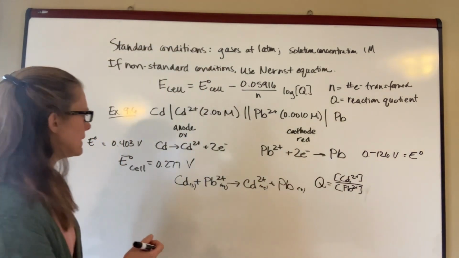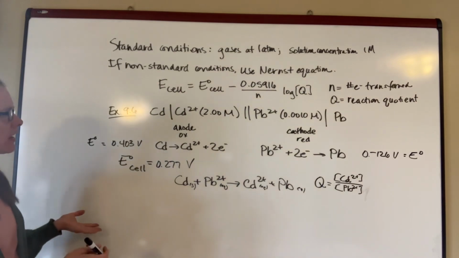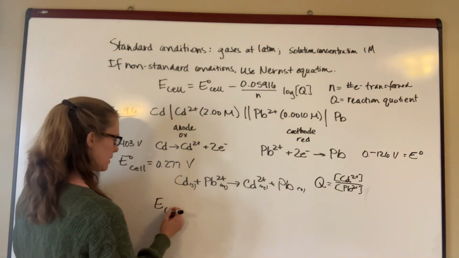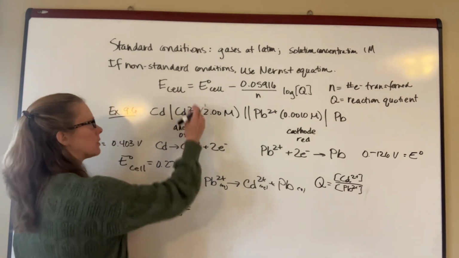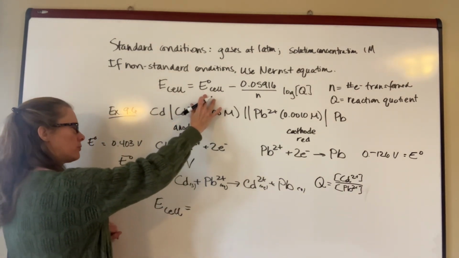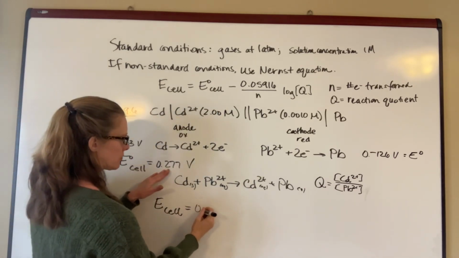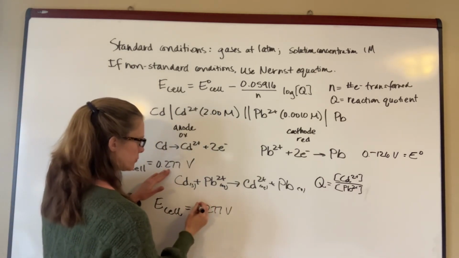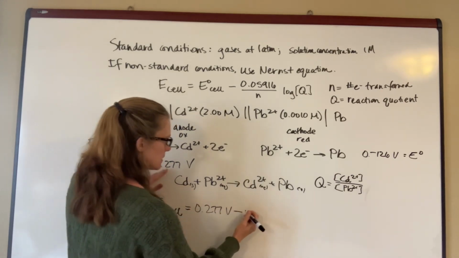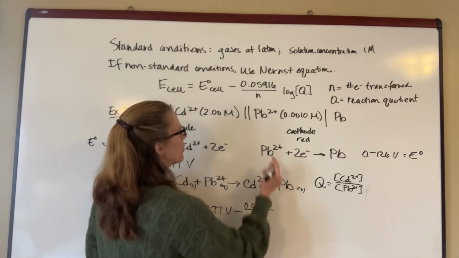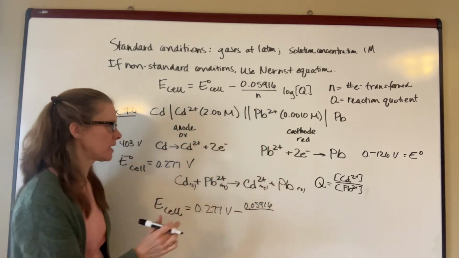Okay, now I have all the information that I need, and so I can use the Nernst equation. So the E of the cell equals the standard reduction potential for the cell, which I already calculated was 0.277 volts, minus 0.05916 over n, where n is electrons transferred.